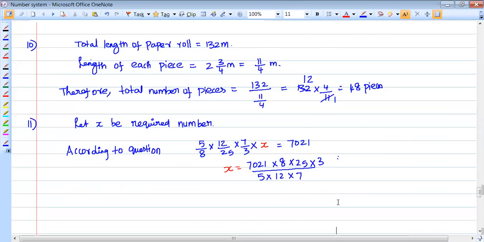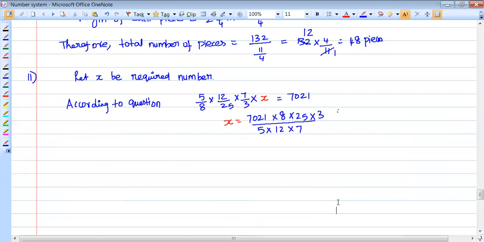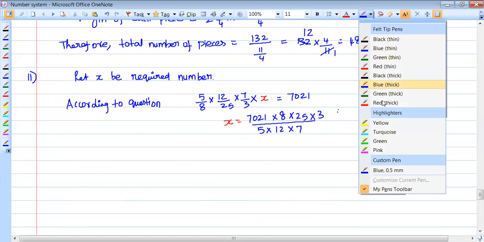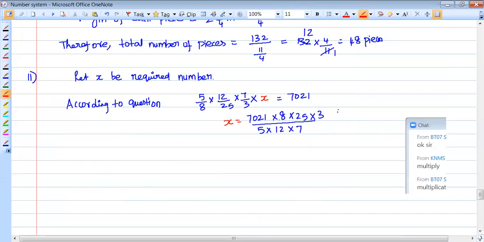Now we have to simplify. So how will you simplify? By which table will you simplify? Let me cancel by the 5 table. 1 5 is 5, 5 3s are 15. Here 1 3 is 3, 4 3s are 12.